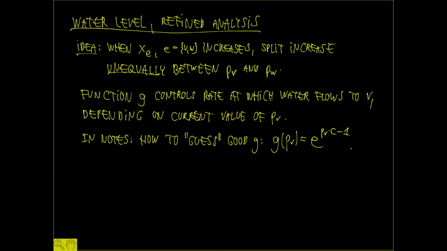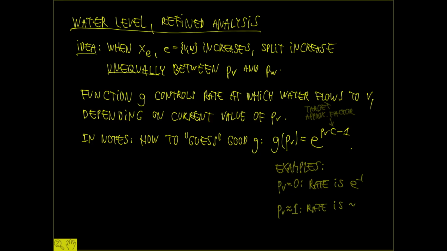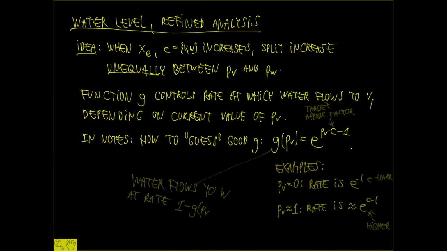So it's an exponential function that increases with the level. So basically, when the level is 0, the rate of filling is going to be e to the -1, and when it's almost full, the rate is going to be e to the c-1, where c is going to be the target approximation factor. Of course, if this is the rate at which water flows to v, then water is going to flow to w, its neighbor, at a rate which is 1 minus g of pv.